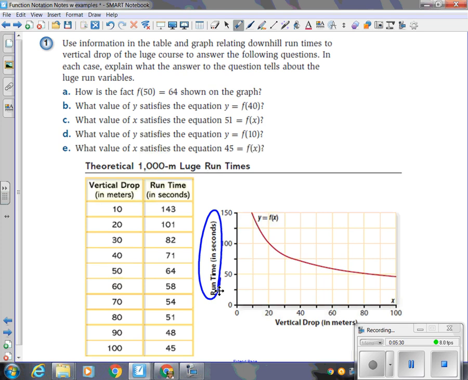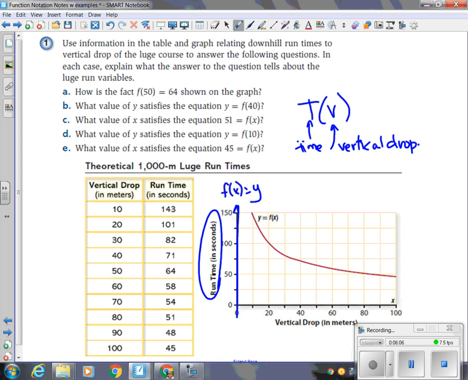Today is about making meaning of it. f of x is kind of like the old y, so that's why it's on the vertical axis. So we could say t equals, or t of v. The time is a function of what? The vertical drop. Your time depends on how high the vertical drop is.